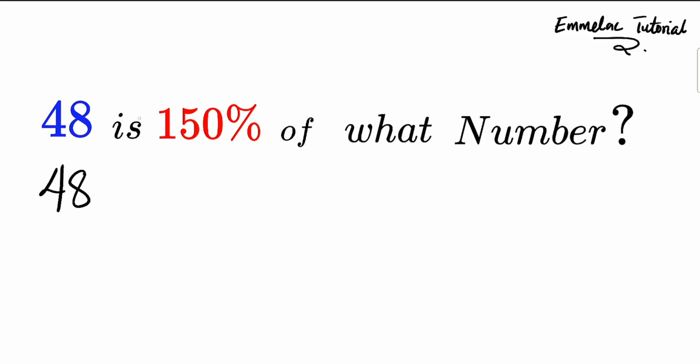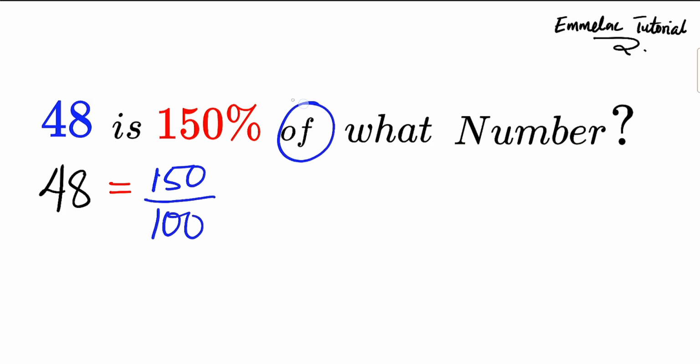48 simply means equal to, then 150%, and let me just say 150% in fraction is just 150 over 100. Of simply implies multiplication, then the number which we don't know, so we represent that as x.